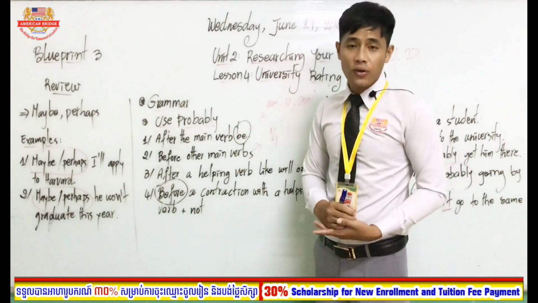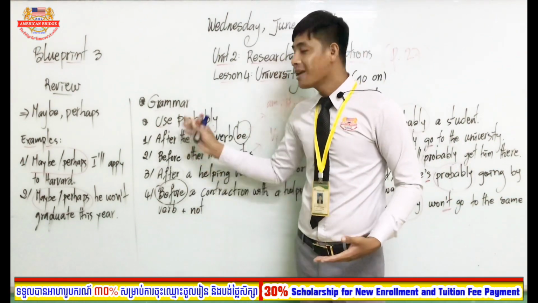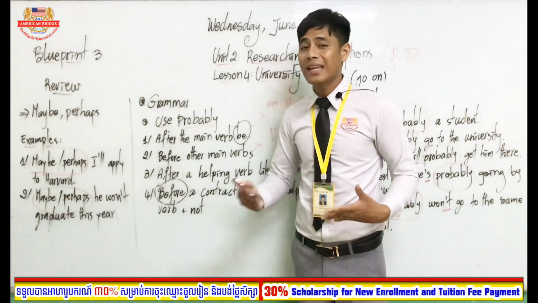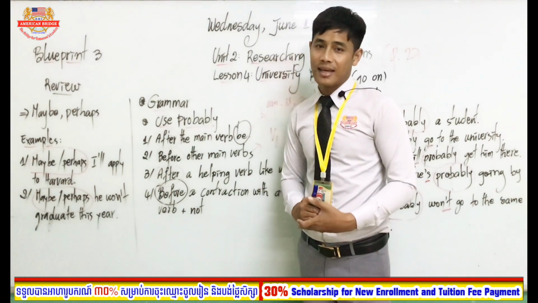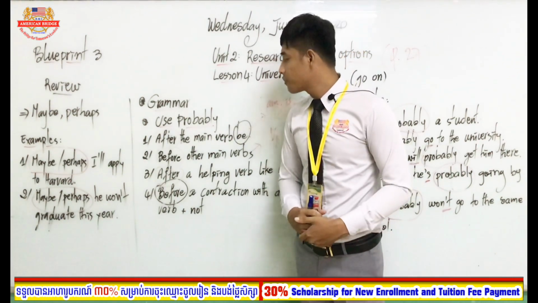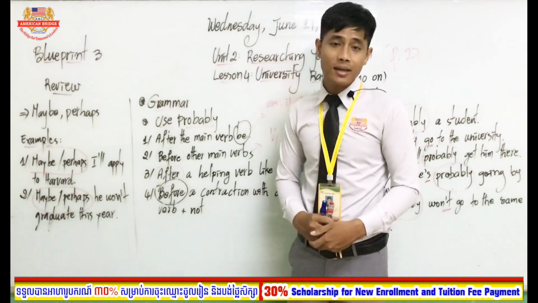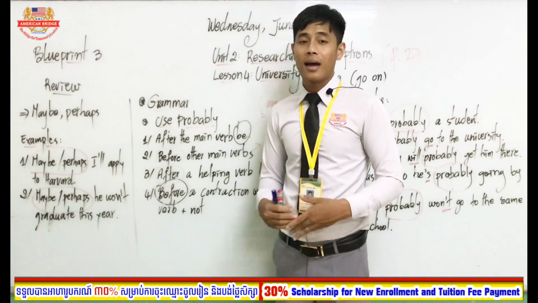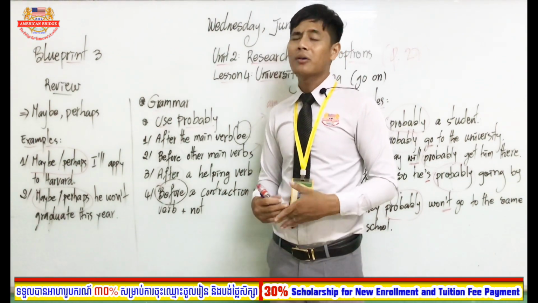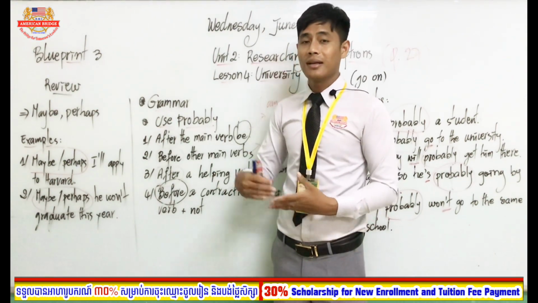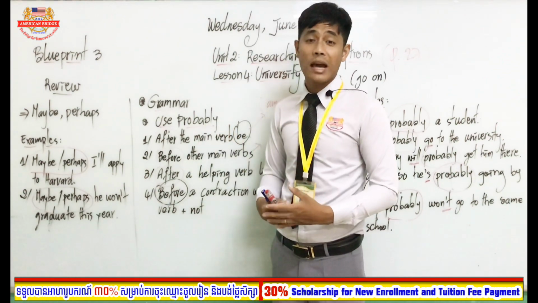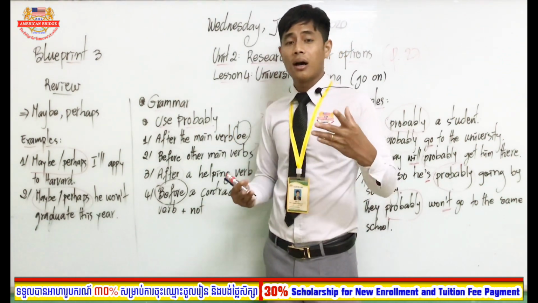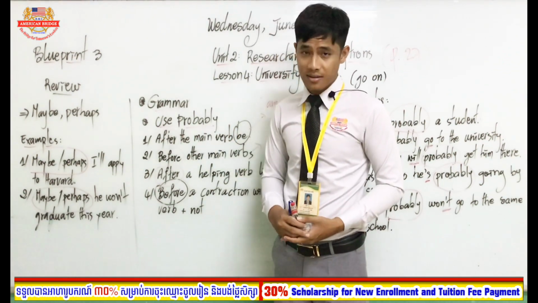To use it, you have to know exactly the places of probably in sentences. And probably talks about something good that might happen, a good chance of happening, with a chance of 50 to 95%.